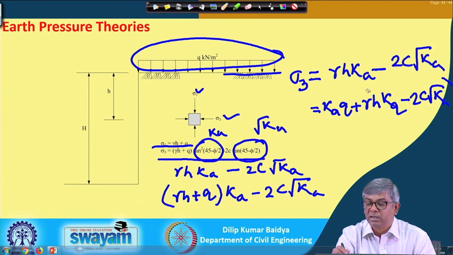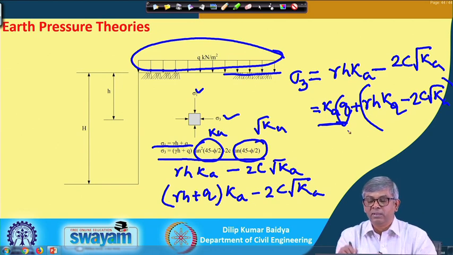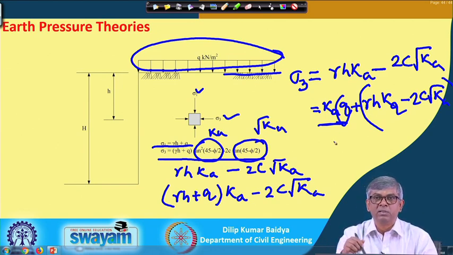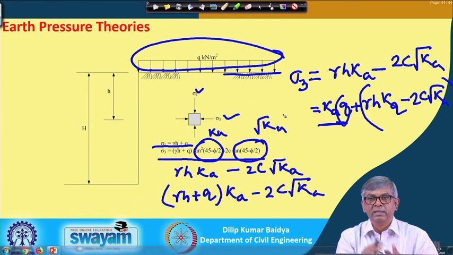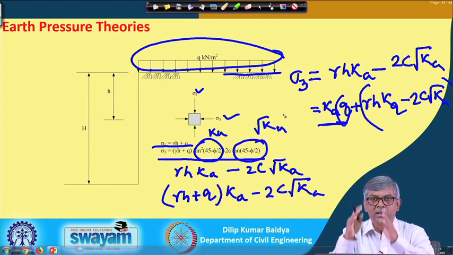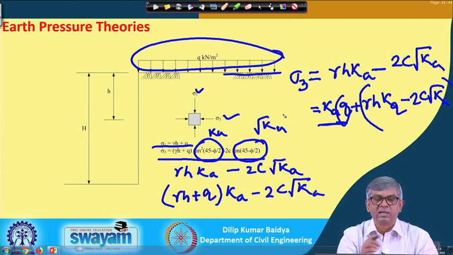This part was there already. Because of this q, an additional part is coming, and it is independent of depth. So if I draw the pressure diagram for the c-phi soil, and then additionally add q times K a, constant throughout the depth, that is the total pressure diagram for the surcharge case.